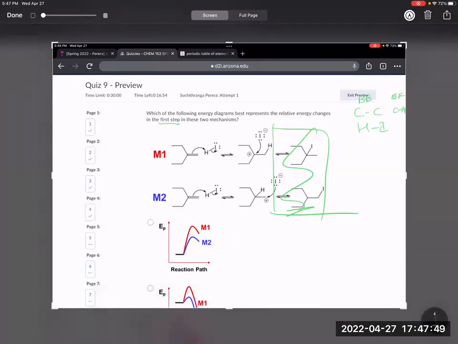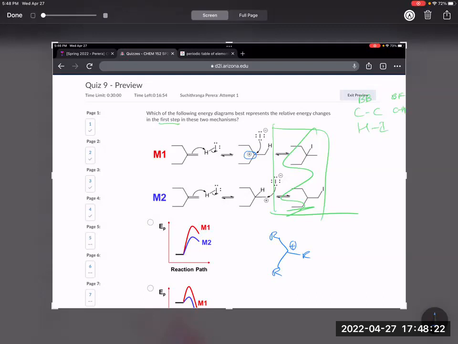Now, you can see that M1 and M2 have a difference in the intermediate stability. When it comes to M1, we have the carbocation formed over here, which is going to be a tertiary carbon, meaning you have 3 electron donating groups stabilizing the cation.